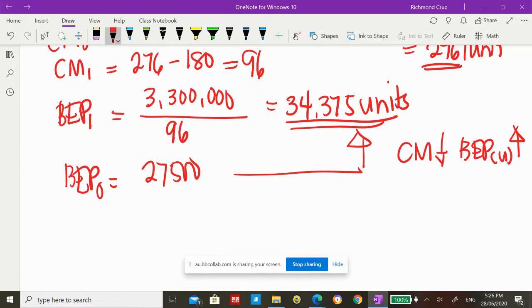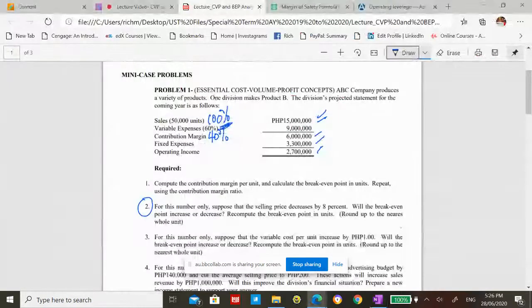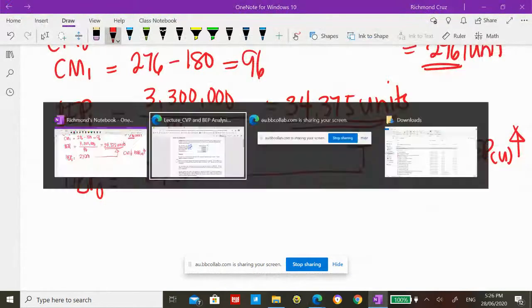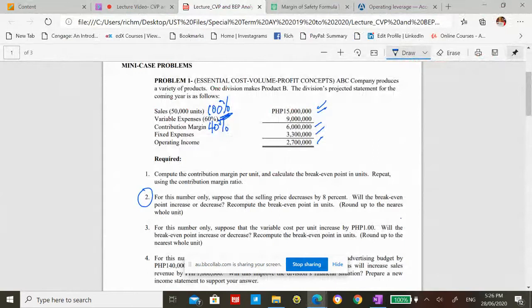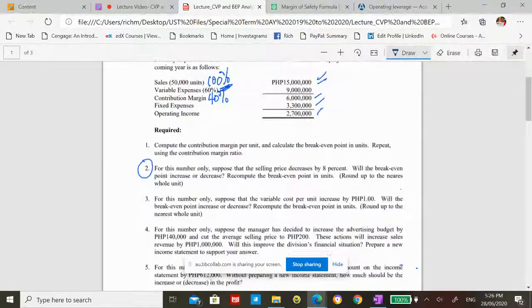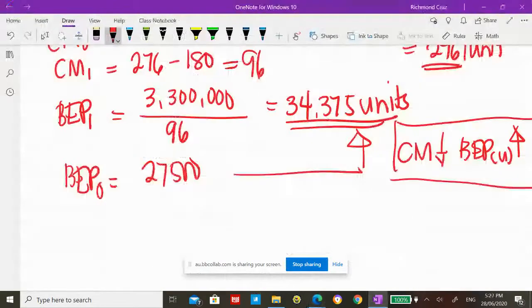Nakuha? Tataas siya. Ayan. So, recompute the break-even point. We're done. So, that will be 34,375. So, will the break-even point increase or decrease? Siyempre, it will increase kasi nag-decrease yung contribution margin natin. So, ito yung ating rule. So, ayan. So, we're done with number 2.